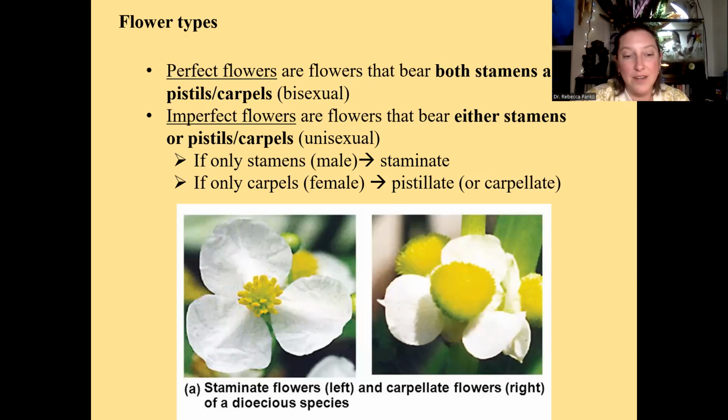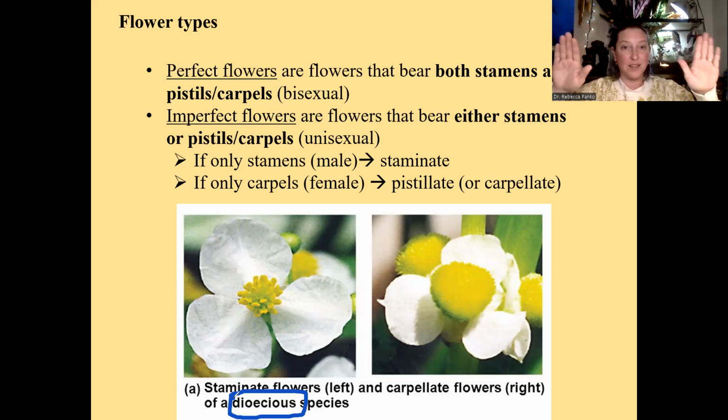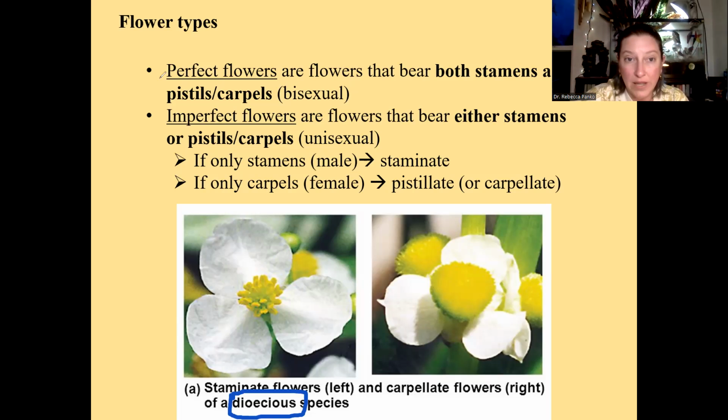And just keep in mind, if a plant is dioecious, remember the term dioecious means sex structures in two separate houses, two separate plants. So if you're a flowering plant and you are a dioecious species, that means that on some plants, you'll have only male flowers, and on some plants, you'll have only female flowers.